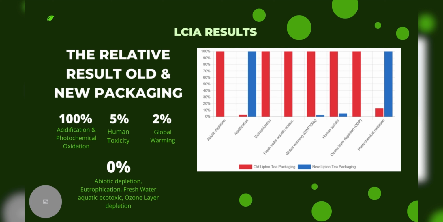The new design also contributes to a reduced impact on climate change compared to the previous design, with a lower percentage, which is 2% for global warming potential. Lastly, 0% on abiotic depletion, eutrophication, freshwater aquatic ecotoxicity, and ozone layer depletion.